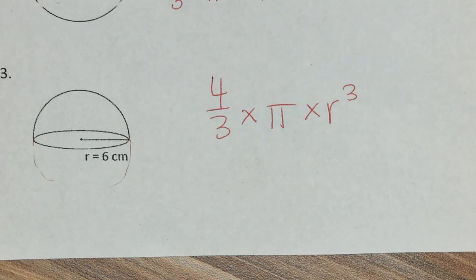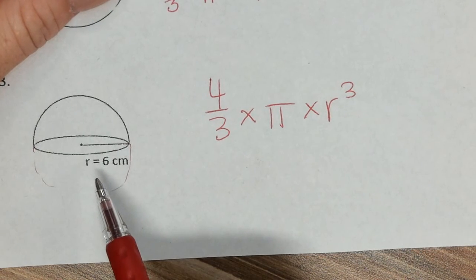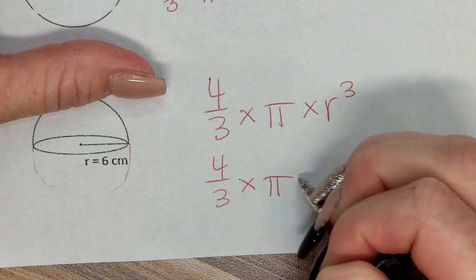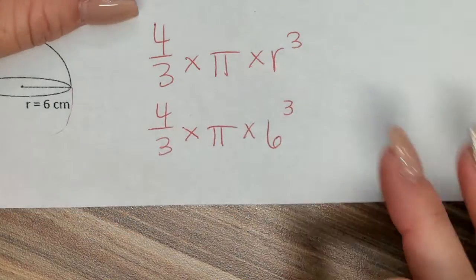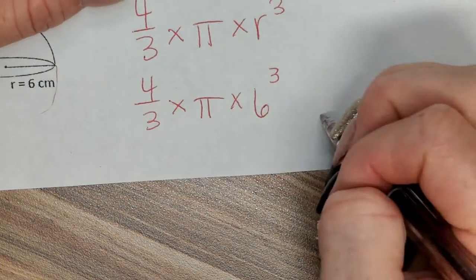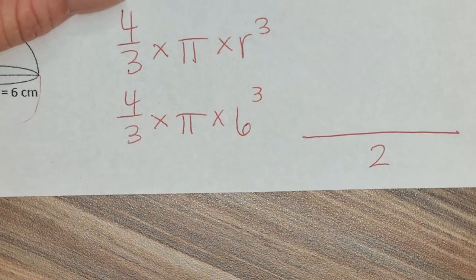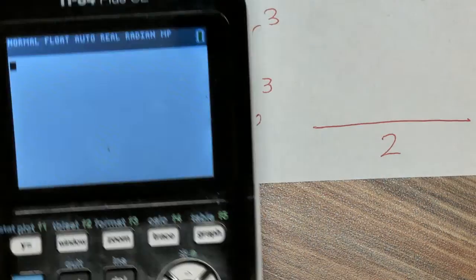I don't see everybody writing. Did they give me a radius? Yes. So I'm going to do 4/3 times pi times 6 to the third power. Whatever I get for that, I'm going to take it and divide it by 2 because it's half of a sphere. All right, so let's go to our calculator.